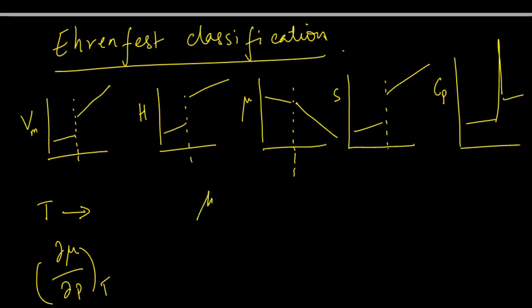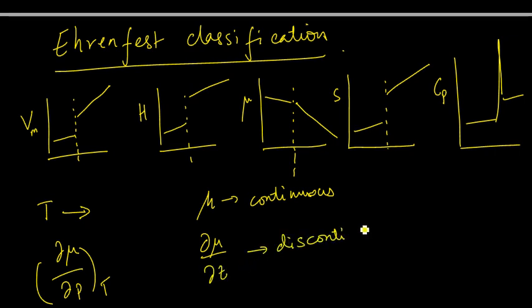So mu is continuous, whereas del mu by del z, whatever that property is, is discontinuous. Remember, H also I could relate to mu: G plus Ts, or mu plus Ts.